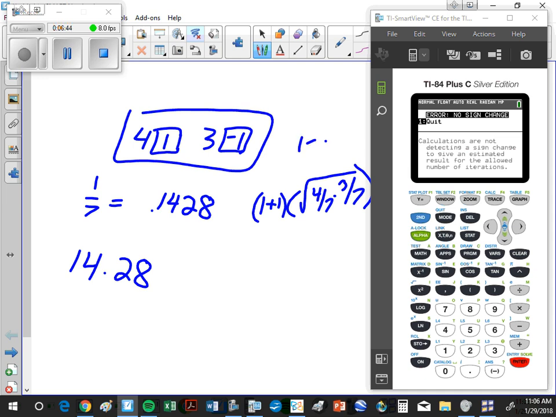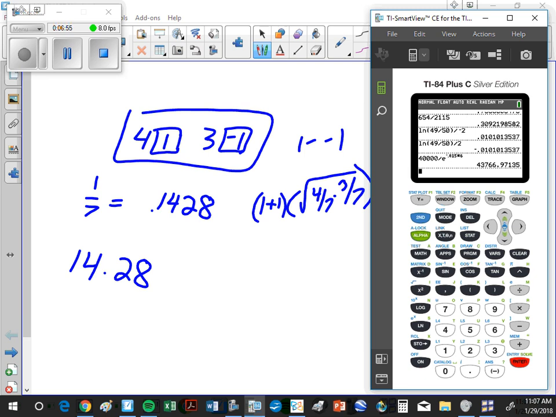It's 1 minus negative 1. So 2 times the square root. Oh, that's not working. Oh my goodness. I'll get it. Just wait. No, I won't. 2 times the square root of 3/7 times 4/7.